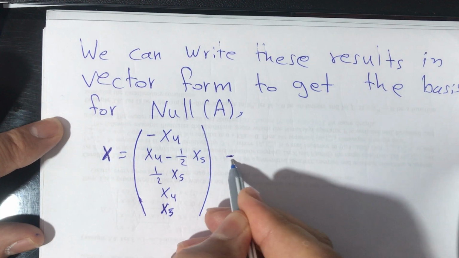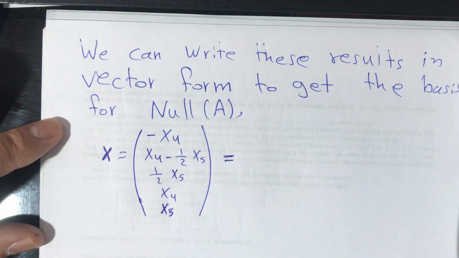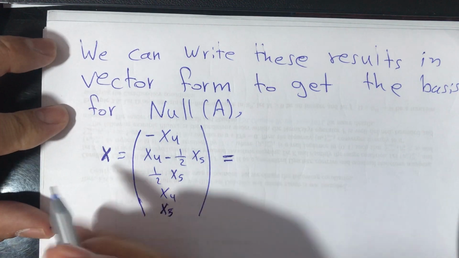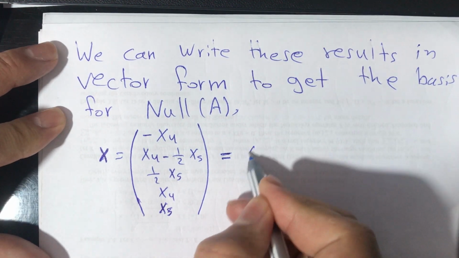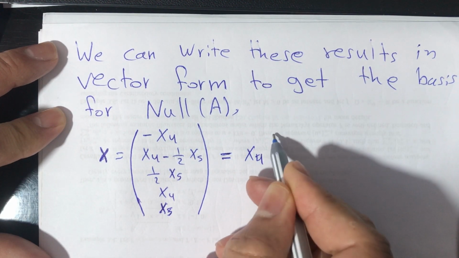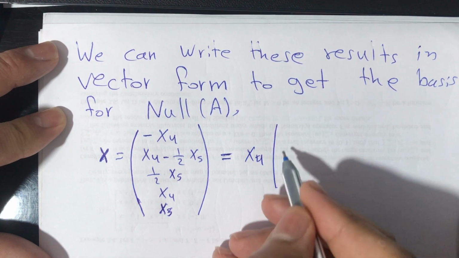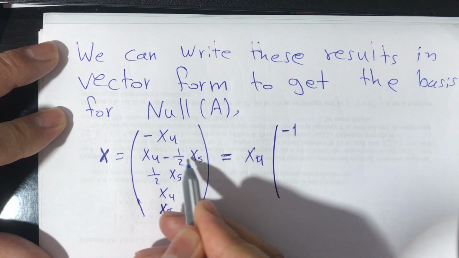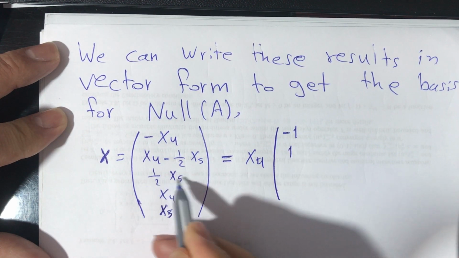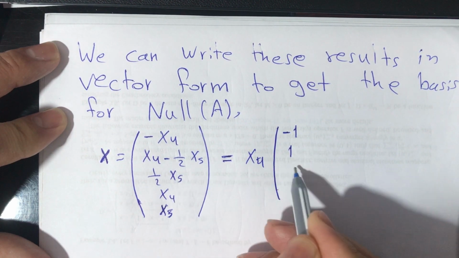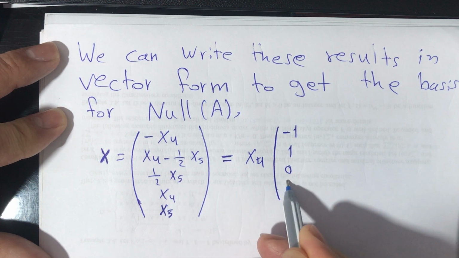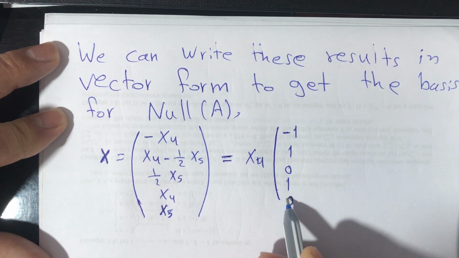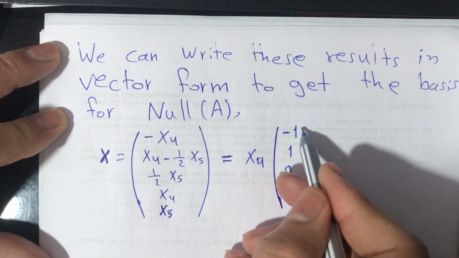And so this is equal to, we can move x4 out, and we get here minus 1, and here 1, and here there is no x4, that means will be 0, and here 1, and here there is no, so this is 0.